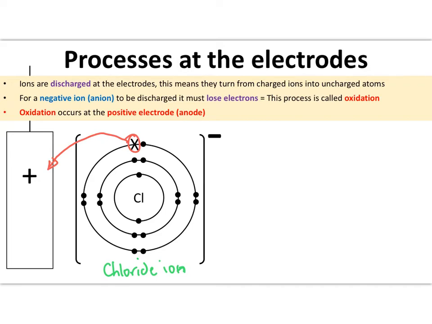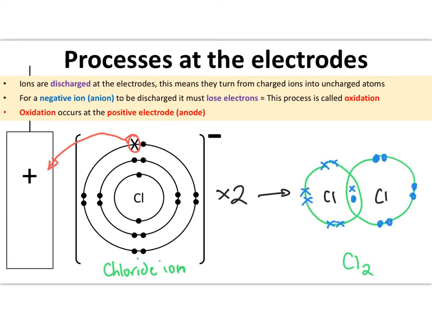The positive electrode is going to take it. And if we do that times 2, what we then end up producing, this is the discharge, is, and I'm just going to draw the outer shells, a chlorine molecule.